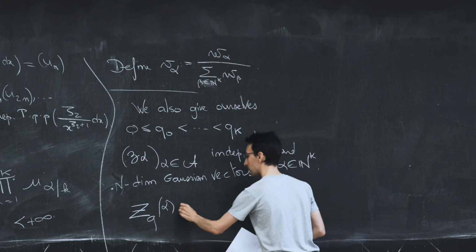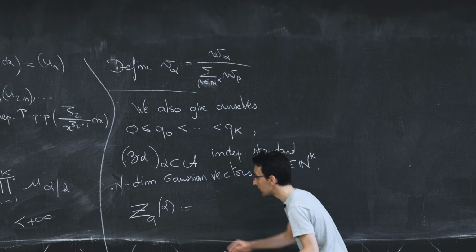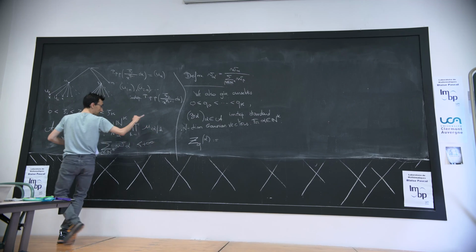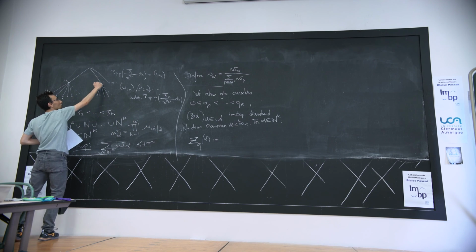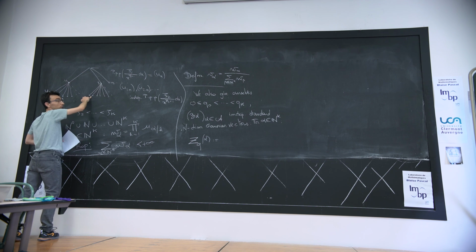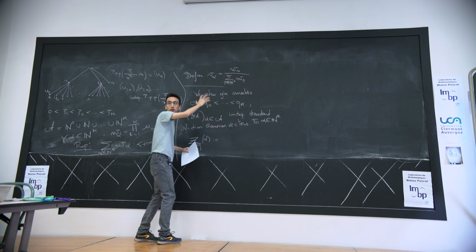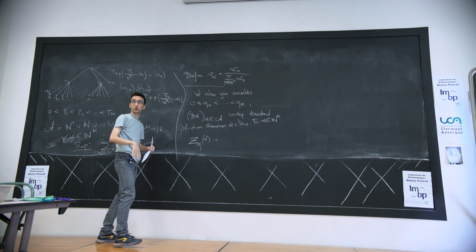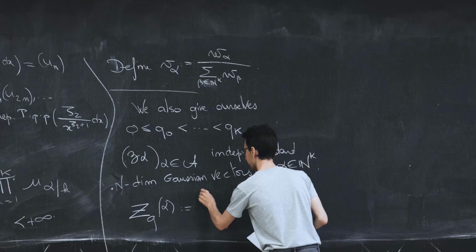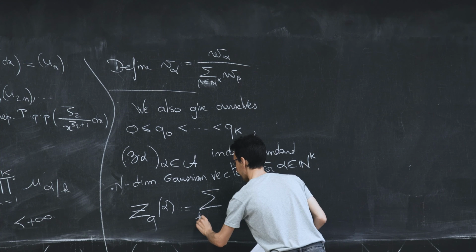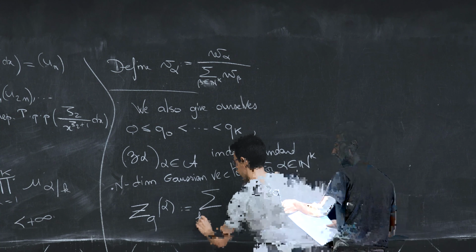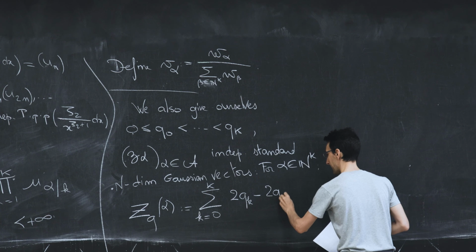I set Z_q of alpha to be something which sums the Z alphas along the path that leads to the leaf alpha, also with some parameterization with the q_k's inserted so that the lengths of each of these steps match up, in the sense of the variance of the Gaussian.